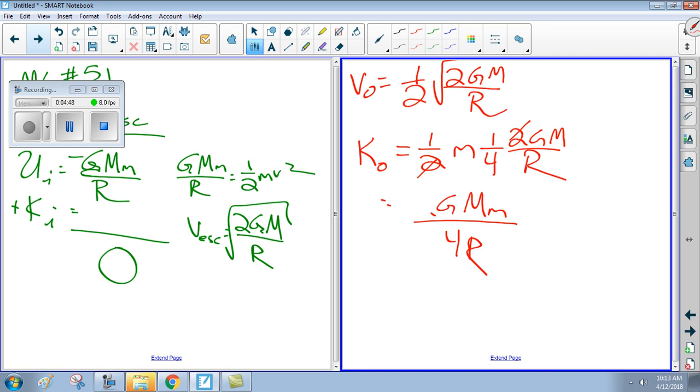We're not done yet, but that's the kinetic energy we start with when we launch it. Does everybody agree? And our gravitational potential energy initially is still negative GMm over R, right? Follow? Now, when it's at its highest point, what's going to be true? The kinetic energy is going to be 0.